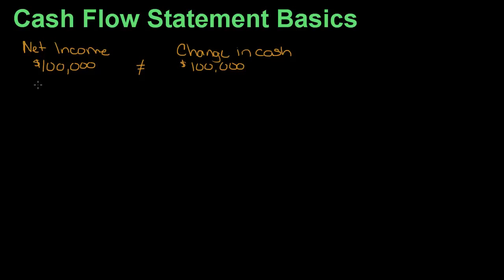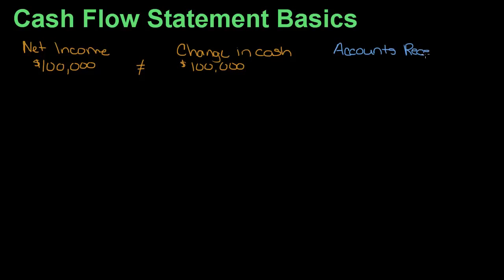Now, what we find a lot of times on the cash flow statement is there are changes in different balance sheet accounts that affect our change in cash. So, for example, think about accounts receivable. What is accounts receivable? Accounts receivable are sales that we made to customers that we have not gotten paid for yet.